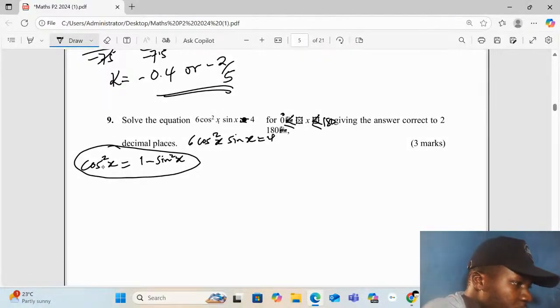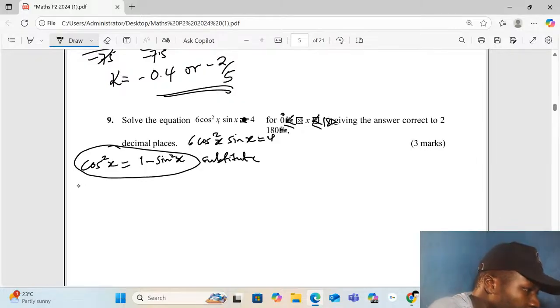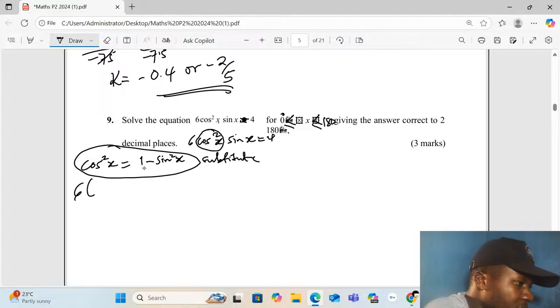Where we have cos squared x, we substitute 1 minus sin squared x. So we have 6 into, now this is cos squared x, you replace it with 1 minus sin squared x.